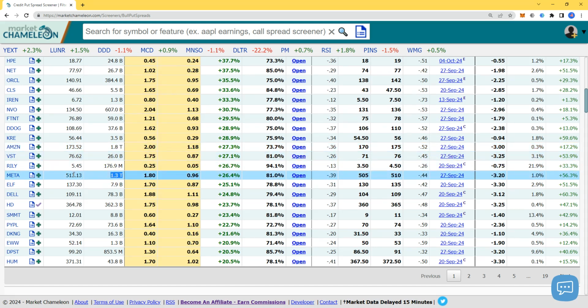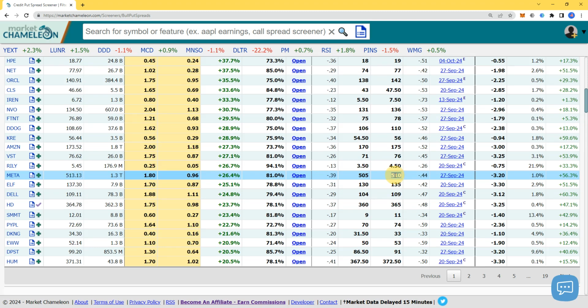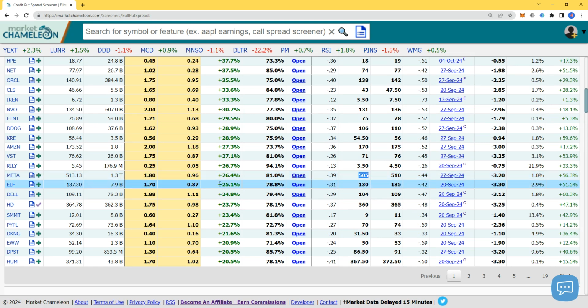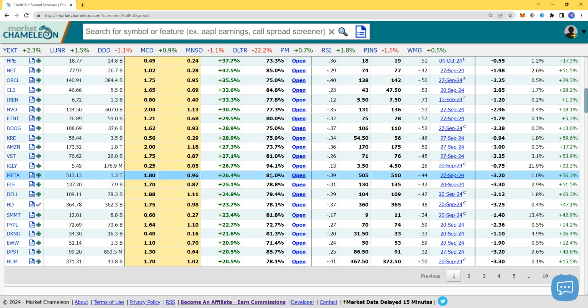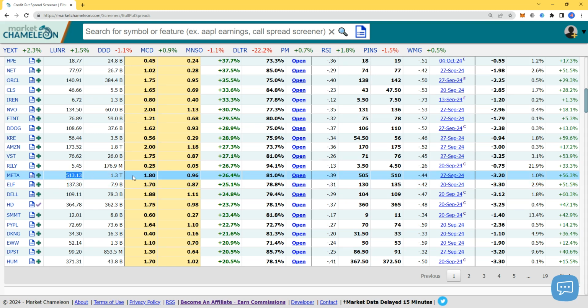Meta, Facebook, let's see what they have. 513. Okay, and this is interesting because now the filter found: sell the 510, buy the 505 for September 27, 26% edge, 81% win rate. What does it mean? That means that you are collecting, look at this, $180, compared to 96 is what you should have collected.